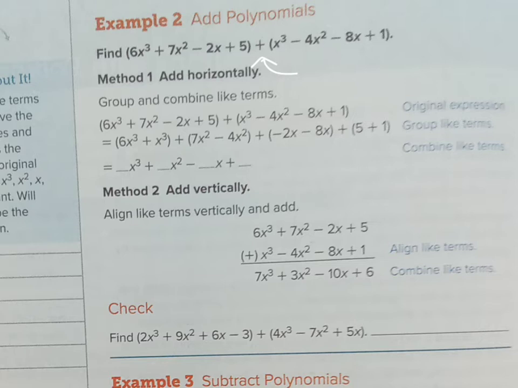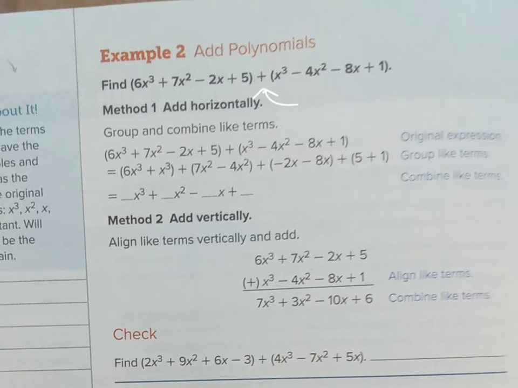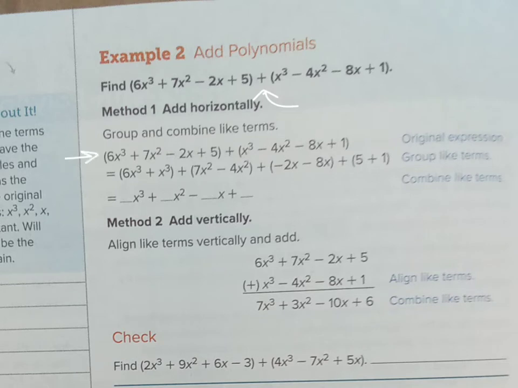Okay? So they give you the original here, rewrote it, and then basically they rearrange it so that the like terms are together. Okay? That's a good idea. All right, but again, all we're doing is combining like terms.